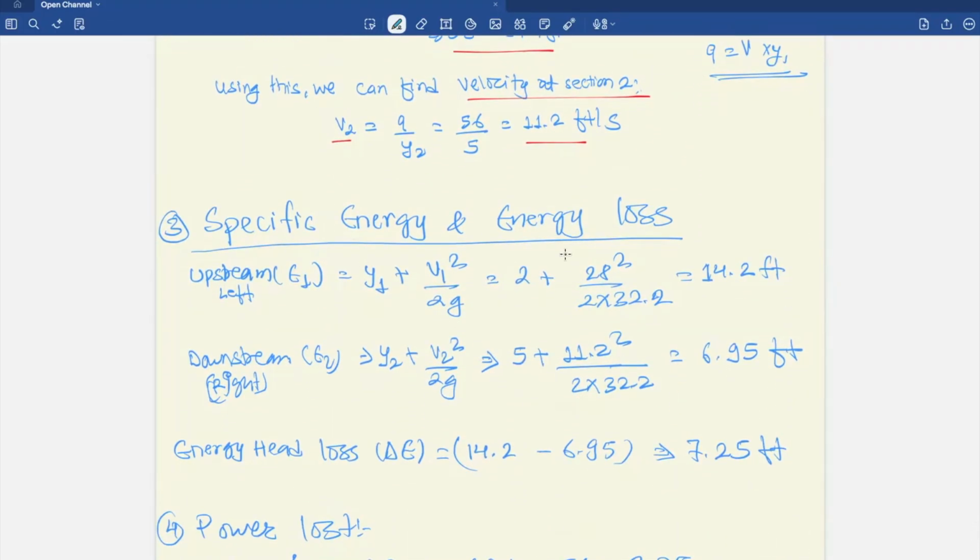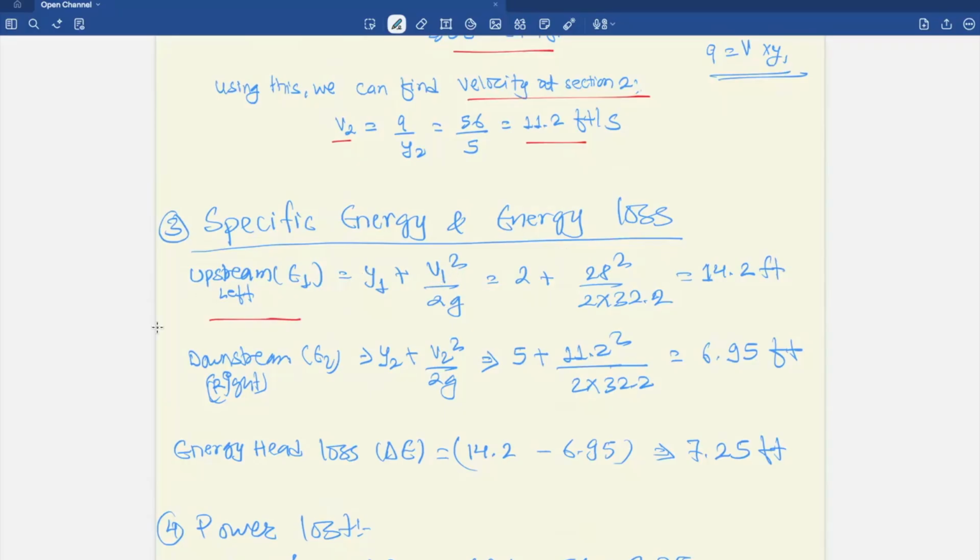So our specific energy and energy loss. Let us find the energy at section 1 separately and section 2 separately, and then take the difference to find the energy loss. So for upstream, energy will be equal to Y1 plus V1 squared divided by 2g.